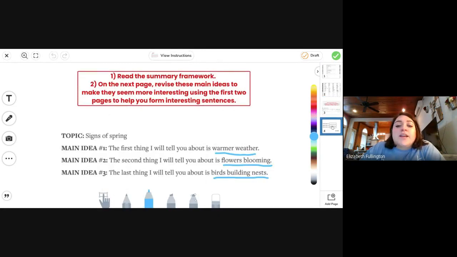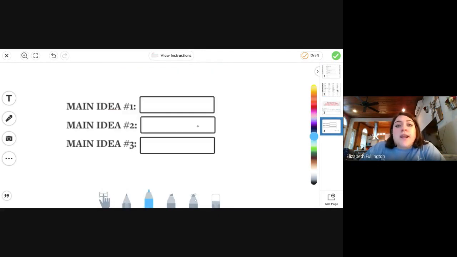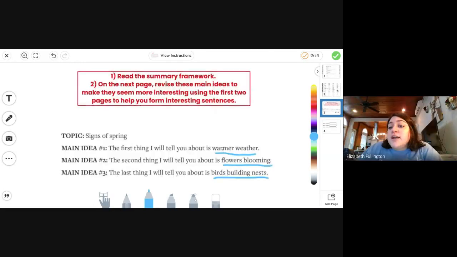So on the second page, this is where you're going to put your new main idea sentences, okay? Once you're done, you're going to press the green check mark. That's all we're doing, guys, is making new sentences for those 3 things, okay? Make sure you underline these things right here, warmer weather, flowers blooming, and birds building nests, so that it can remind you what you're forming your sentences with, okay?